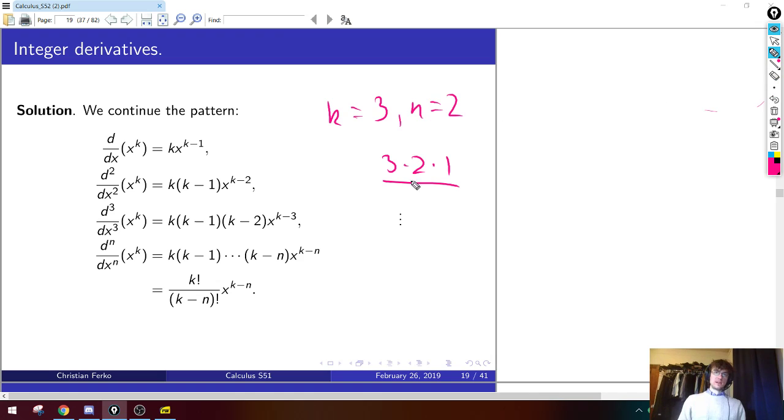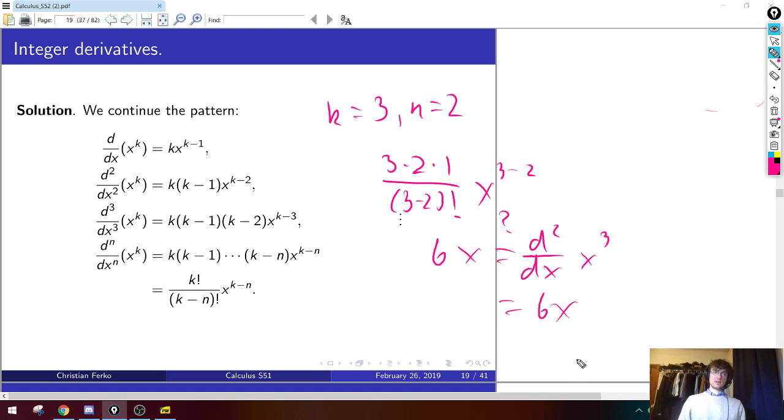Okay, so this would be over 3 minus 2 factorial times x to the 3 minus 2, which is 6x. Now, is this equal to the second derivative of x cubed? Yeah, I guess it is, because you'd pull down a 3 and a 2, 6x. So, whoa, okay, so this formula is right.